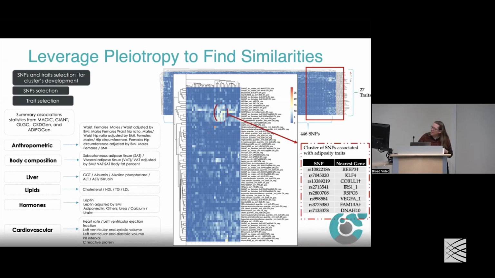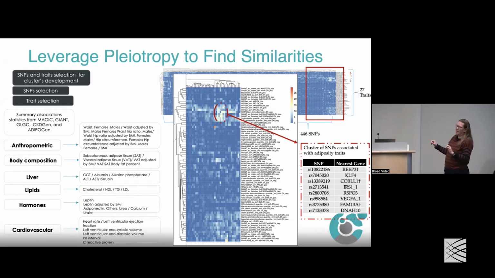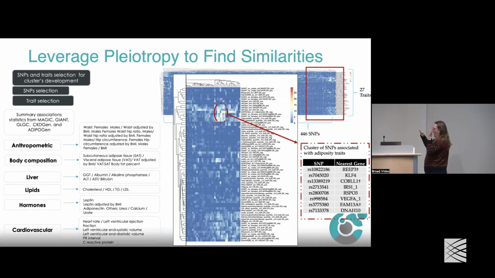And pleiotropy is defined as an observation of a particular variant being associated with many different traits. And then there's a whole field of trying to understand how that works, if it's one trait affecting many traits, or if the variant through different mechanisms is associated with these different traits.